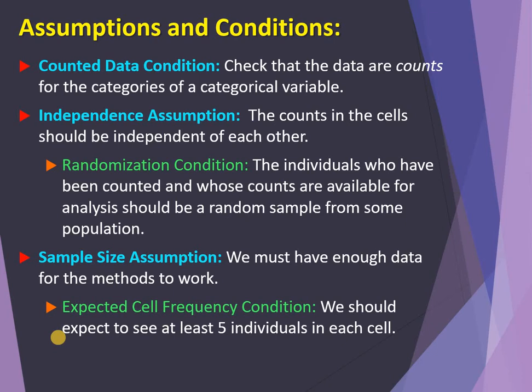When we were doing tests, that was the expected count. You used your null proportion to find that. This is expected count. You're going to use the proportions that you expect. So if Mars says that 20% of M&Ms are going to be blue, then when I calculate 20% of my sample size, that number has to be at least 5.